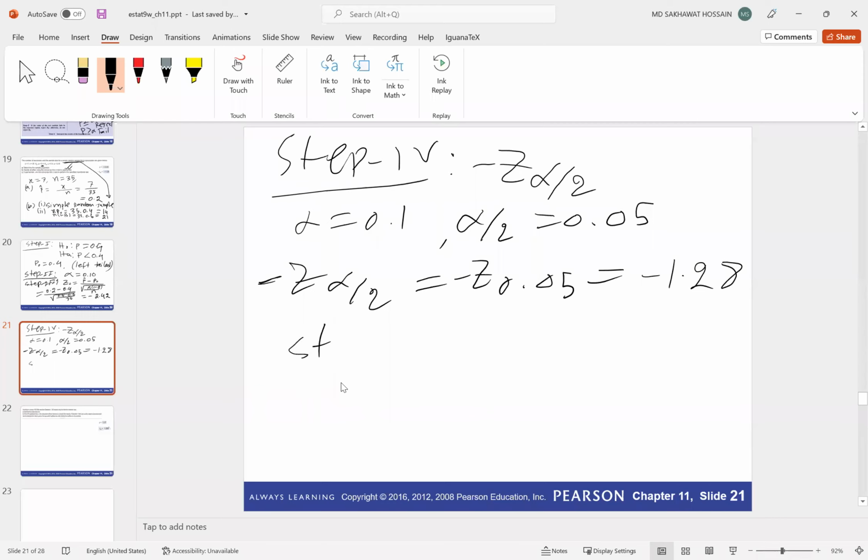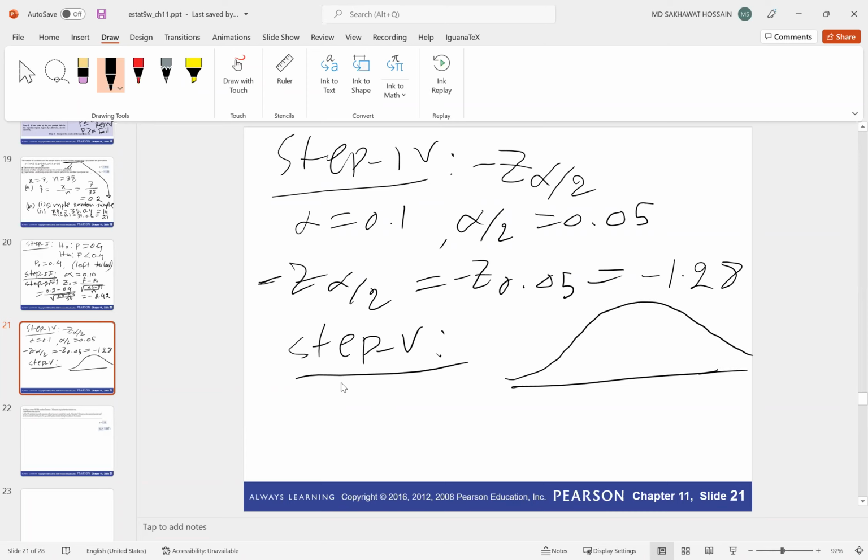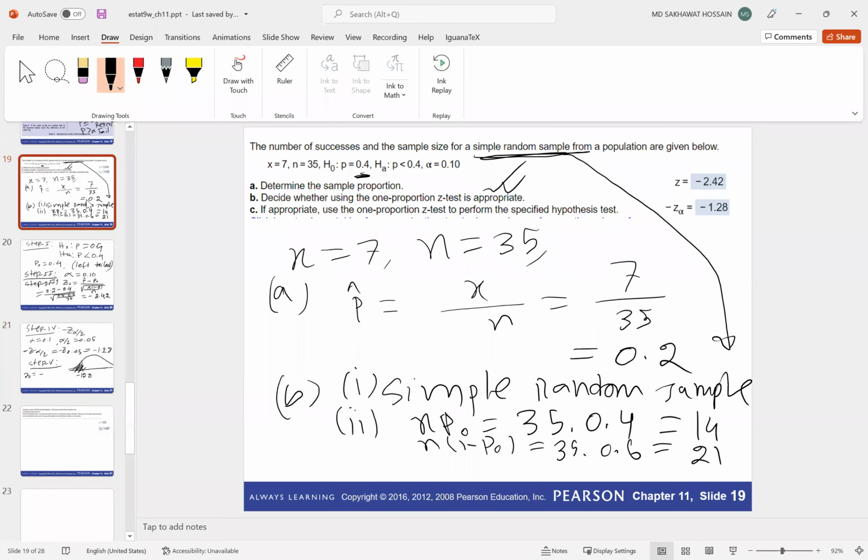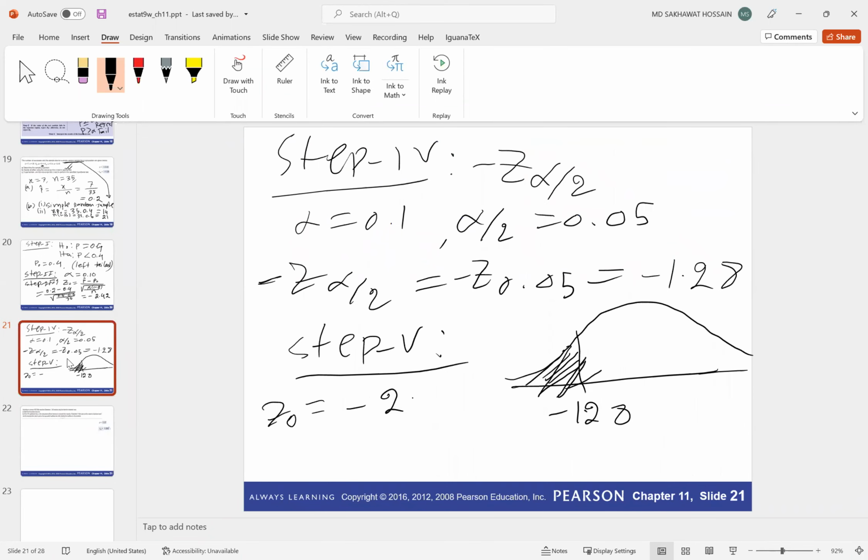Now step 5, we need to make the decision. We draw the normal curve, and this is negative 1.28. And what is our test statistic? The z observed was negative 2.42, right?